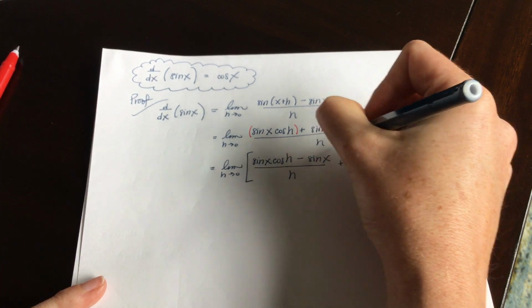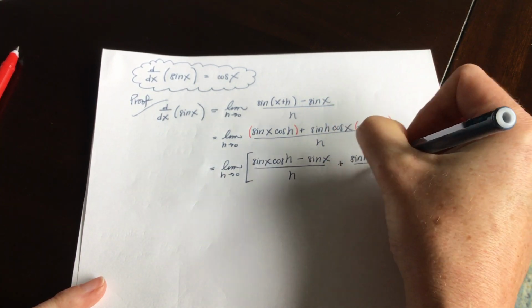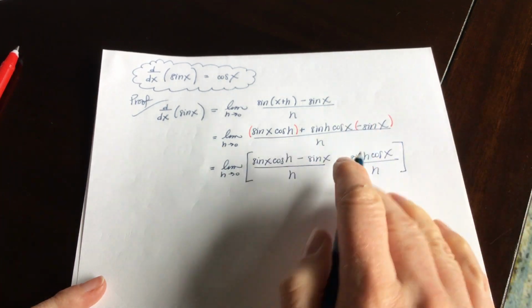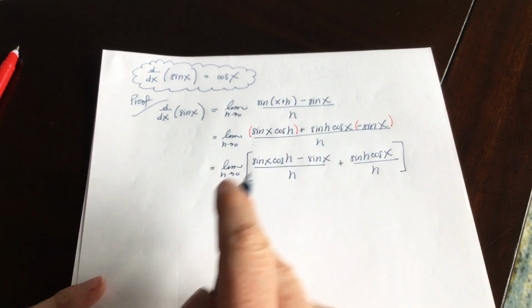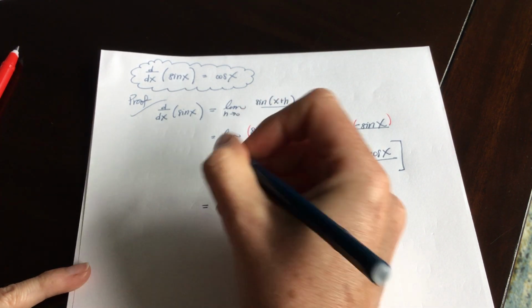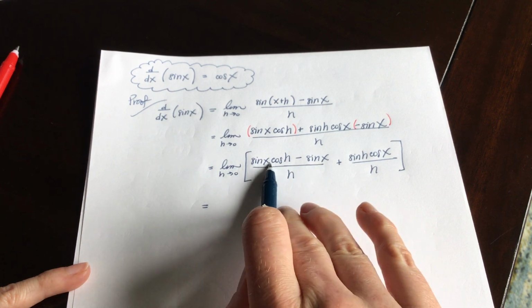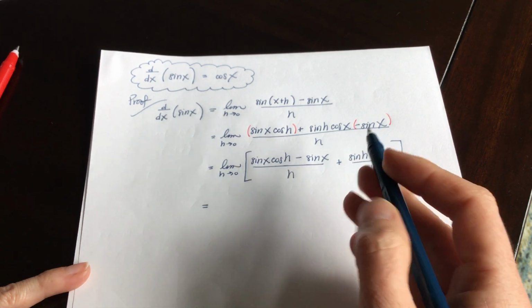And then plus, you'd have to add in sine of h times cosine of x over h in order for this expression to be equivalent to what you had. Next, if you've been tortured enough with algebra, then you should notice there's a common factor here that we can factor out.